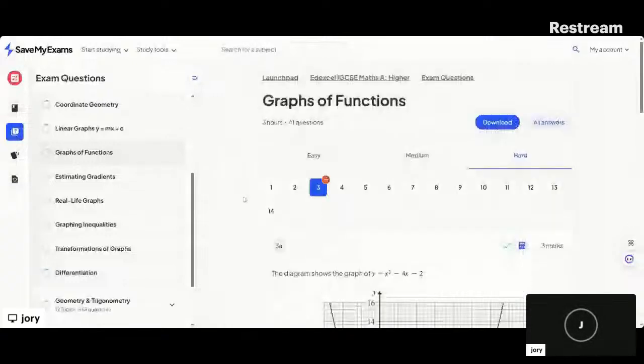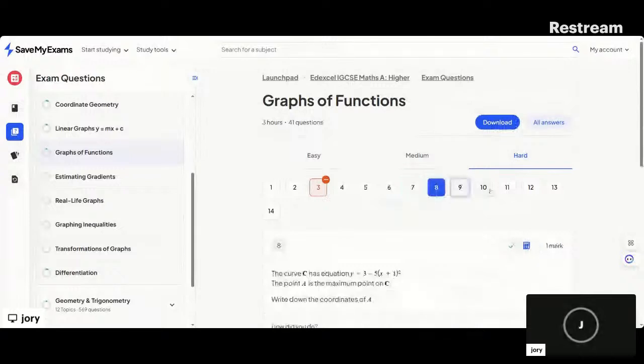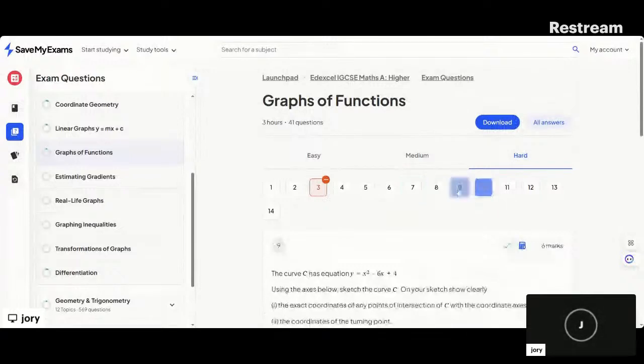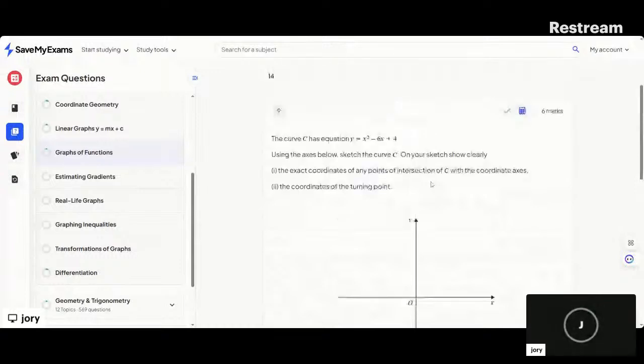I don't have the energy. Ooh, 6 marks. And it's graph. Because I just need to write the turning points. Sketch the curve. On your sketch, the intersection and the turning point.